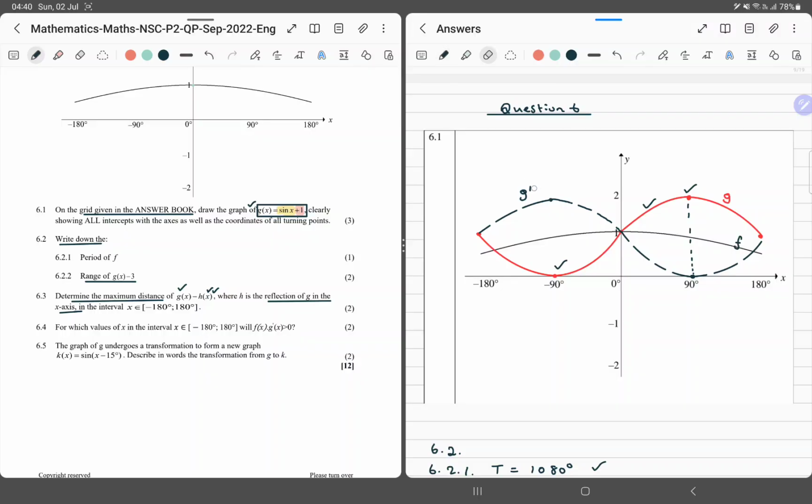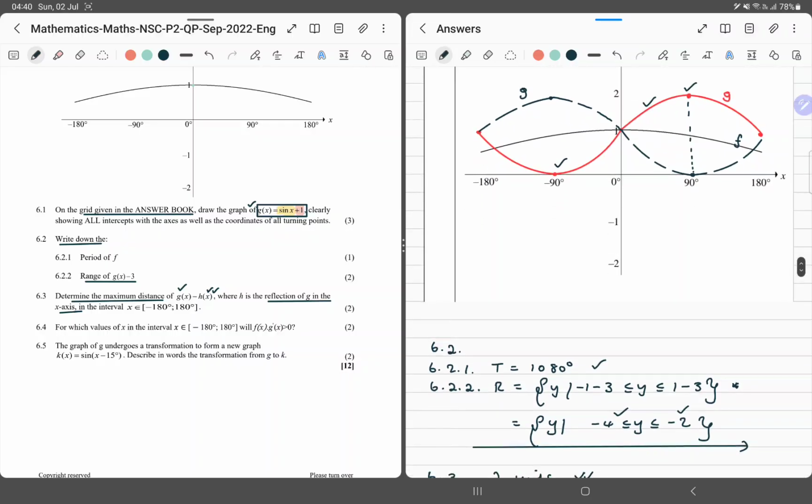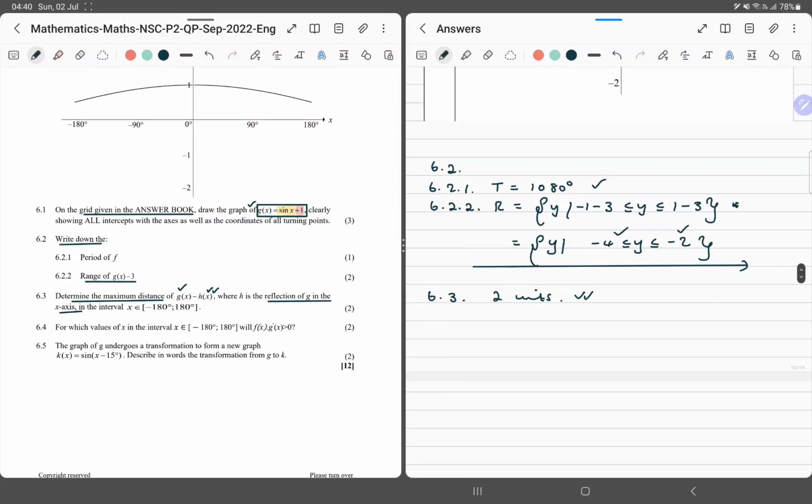But you see, prime is dangerous, so I don't know, what do we say when it's a mirror image? Whatever. We don't have time. So that was a means to an end after all. So you do show that, say the reflection. Anyway, so that's it. Easy 2 marks, and then we've got 6.4.